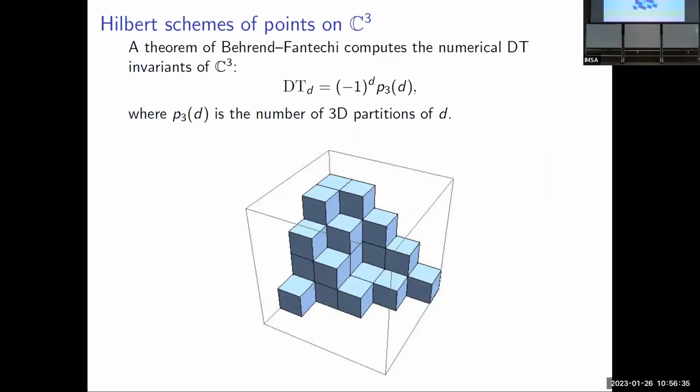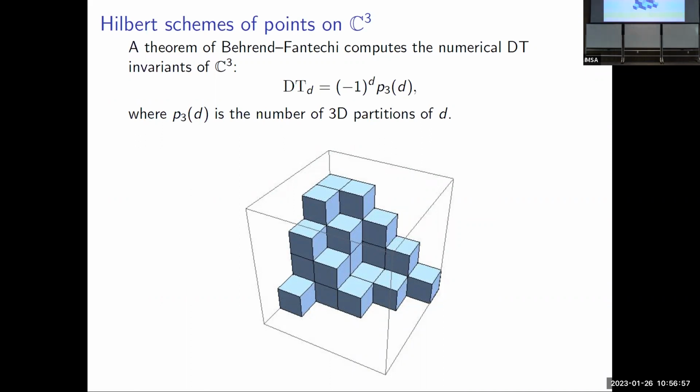Again, if you take the complement in the first octant of the set of ijk such that the relevant monomial is in the ideal, you obtain such a shape, which is called a 3D or plane partition. Okay, so then you have that the Euler characteristic of Hilb C3D is the number of 3D partitions of D.